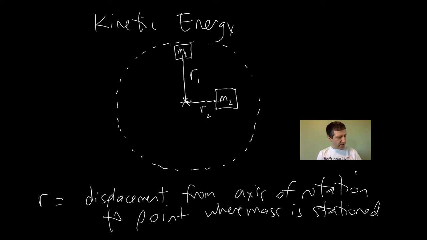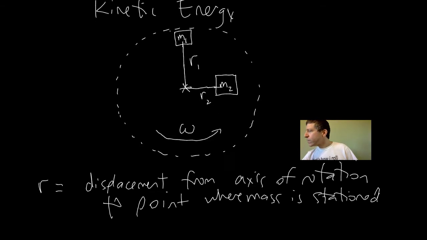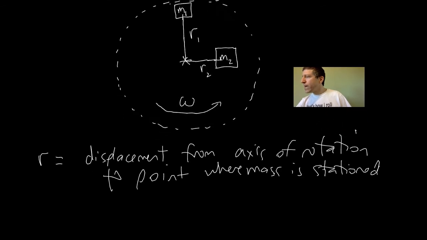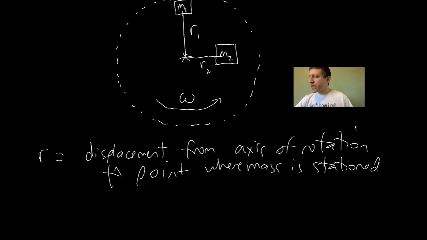And we can just say that this thing is rotating this way, so omega is counterclockwise. Now, let's see if we can derive an expression for the kinetic energy here in terms of some rotational variables. What is the kinetic energy?